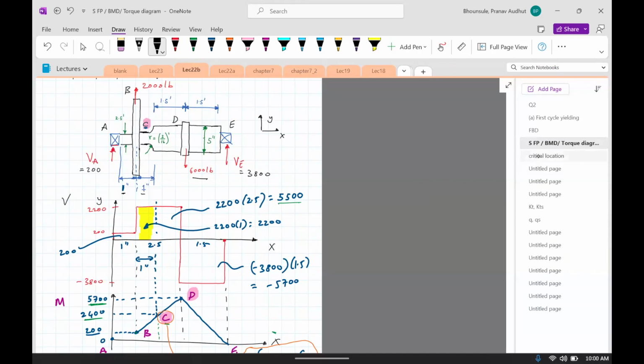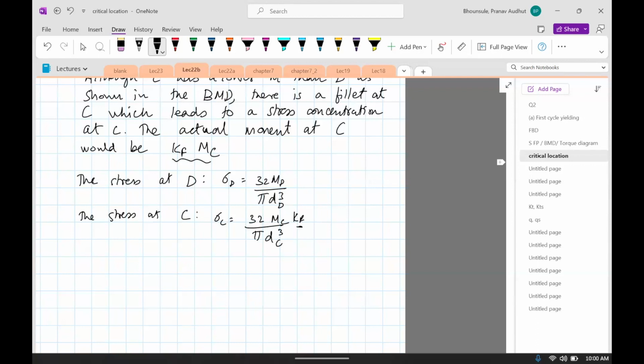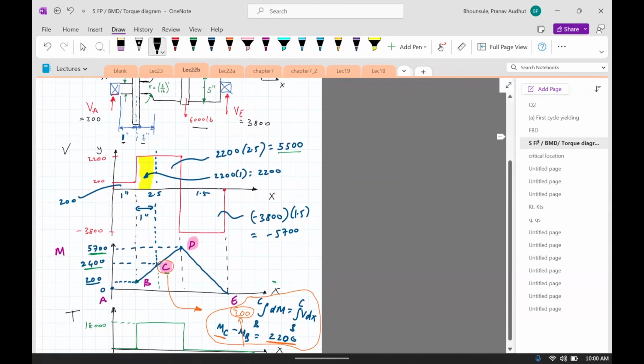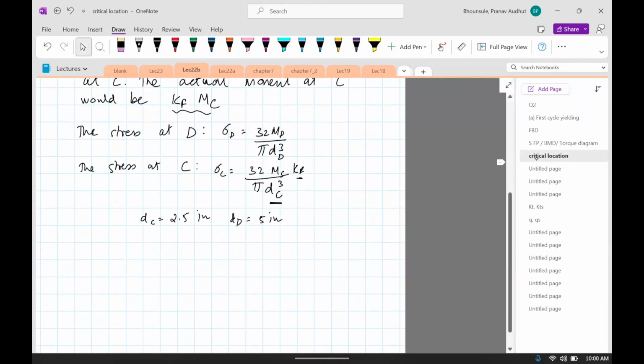So not only because of the Kf, it's also because of the diameter, the stresses at C are going to be higher than D. Eight times 2,400 is way higher than 5,700. So it's clear that C is the critical point, not D.